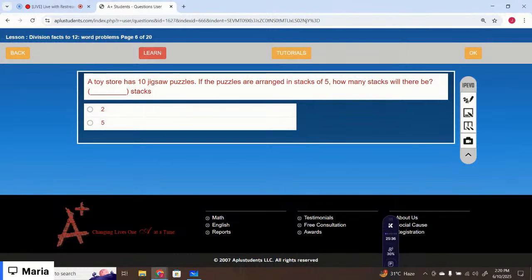Then jigsaw puzzles. The puzzles are put in stacks of five. How many stacks will you have?